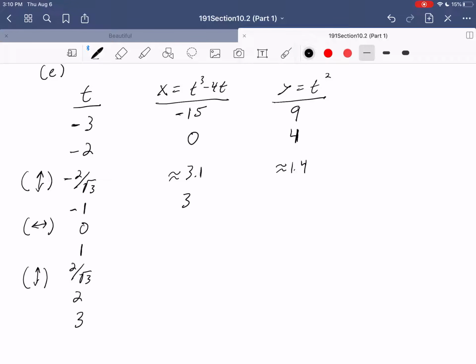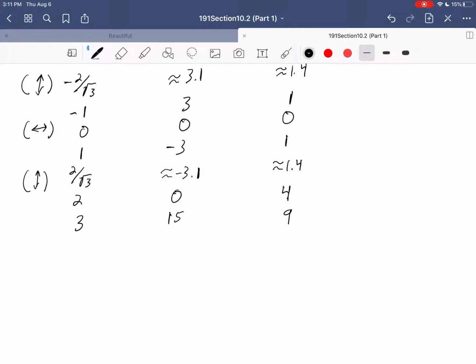Then -3 gives us a 3 there, and -1 here gives us a 1. Then at 0, we should get 0, 0. At 1, we should be at -3 and 1. At 2 over root 3, we're going to be roughly -3.1 and roughly 1.4 over here. Then at 2, we'll be back at 0 and 4, and at 3 we get 27 minus 12, so 15, and then 9 here.